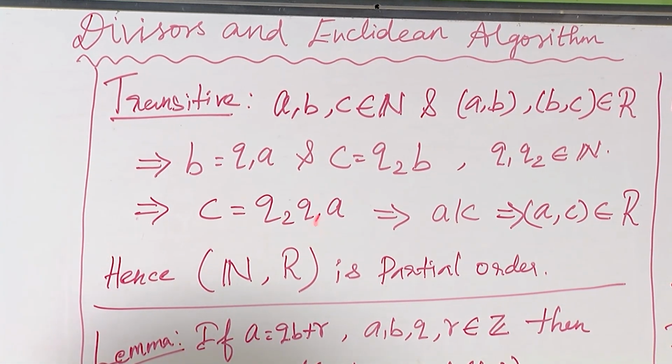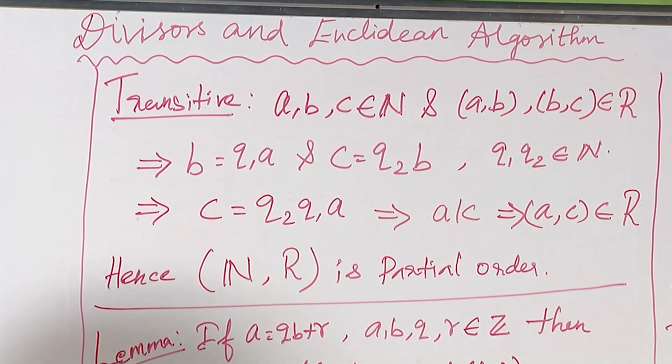So, Q2 Q1 multiplied by A means that C is a multiple of A, that implies A divides C. Therefore, the ordered pair (A, C) will be there in our relation R, which means that we are able to prove the transitive property of R. Altogether, we have proved R is a reflexive relation as well as antisymmetric and transitive, giving the fact that the relation R that we have considered is a partial order.